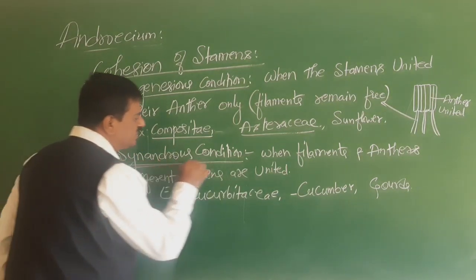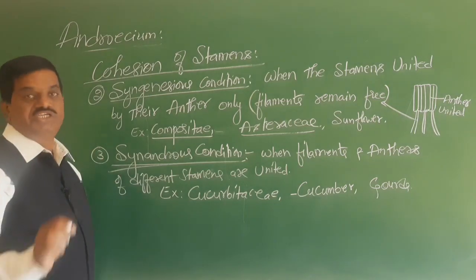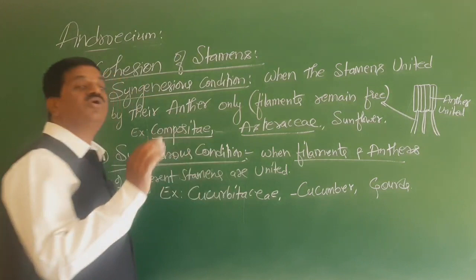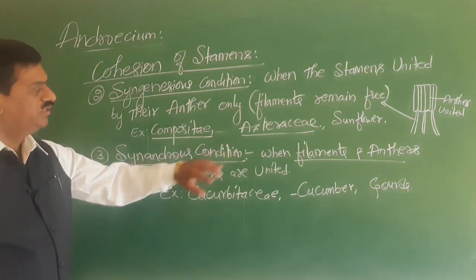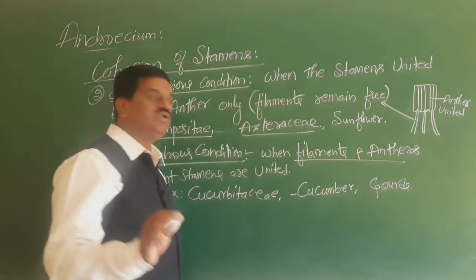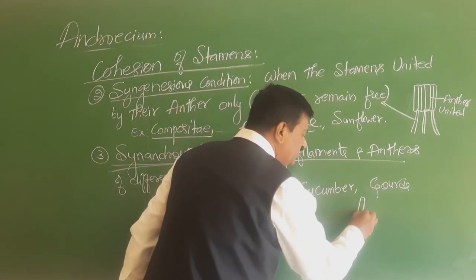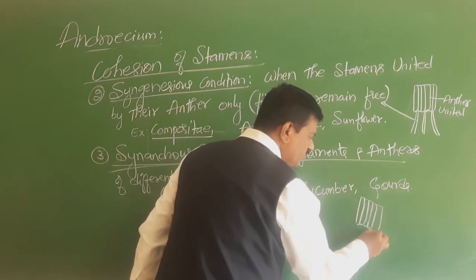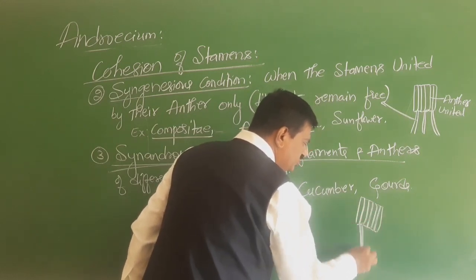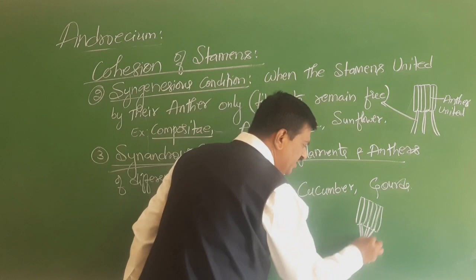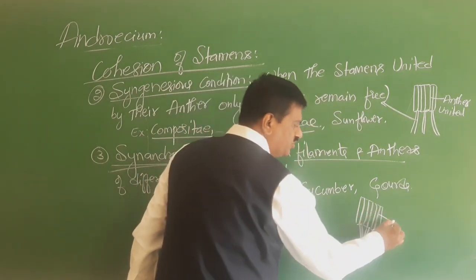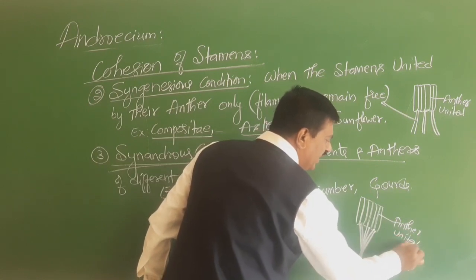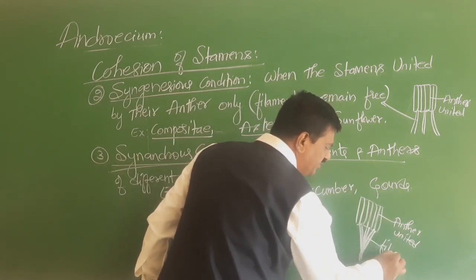So when we go for the next word, called synandrous condition. In a synandrous condition, the filament and anther both are fused together. Filament and anther of the stamens are united. So here the anthers are united, whereas the filaments are also united.